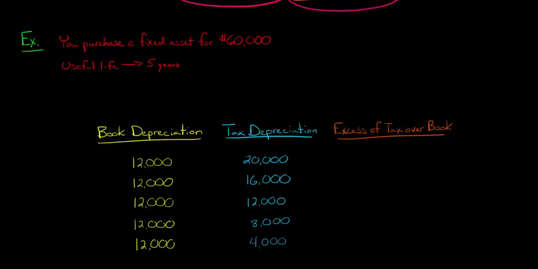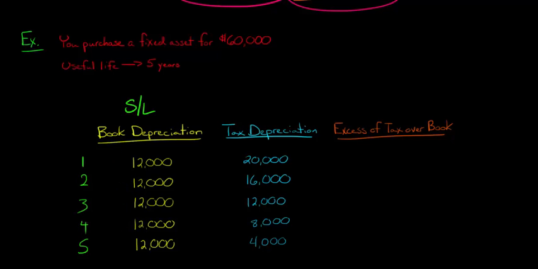So let's say that for book purposes, we depreciate this asset over 5 years. So we've got year 1, year 2, year 3, year 4, year 5. Let's say there's no salvage value. So we do the straight line method. 60,000 divided by 5 is 12,000 of depreciation taken every single year for each year that we have the asset.